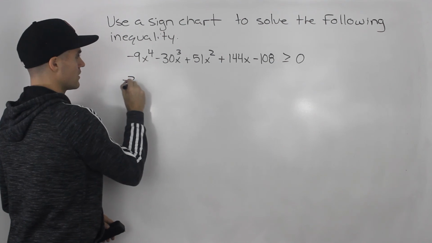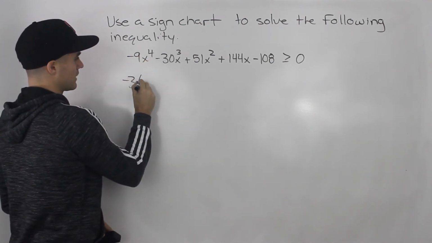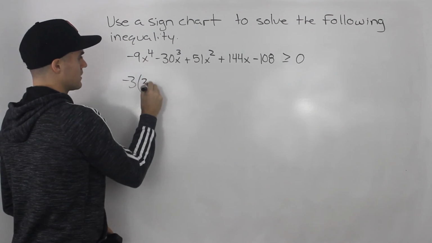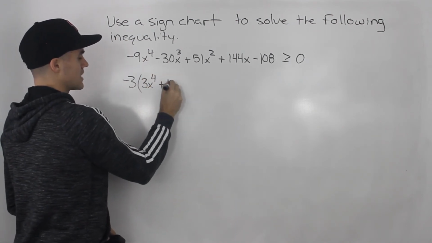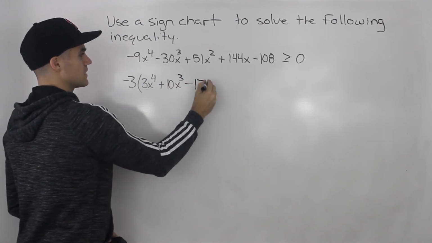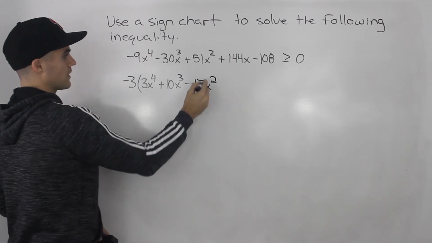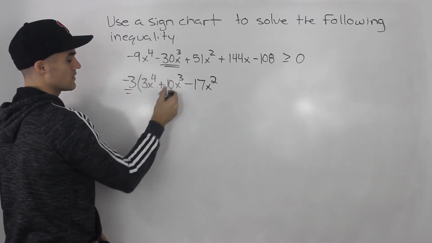So if we factor out a negative 3 from all of this, negative 9x to the power 4 divided by negative 3 gives us 3x to the 4. This would end up being positive 10x cubed minus 17x squared, right? The way I'm getting all these is I'm just taking this value, dividing it by negative 3.